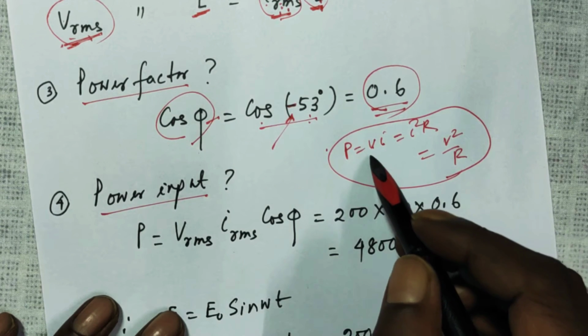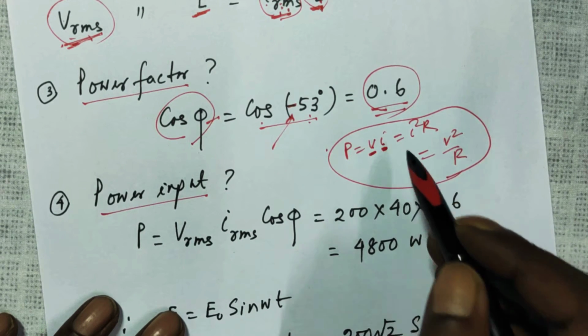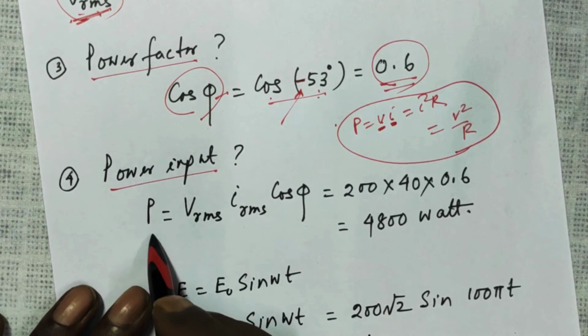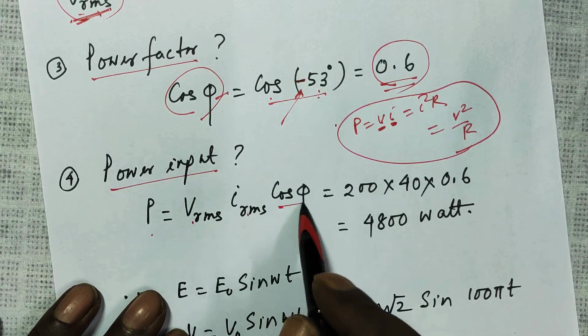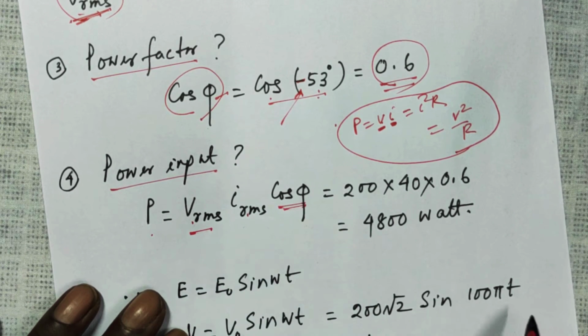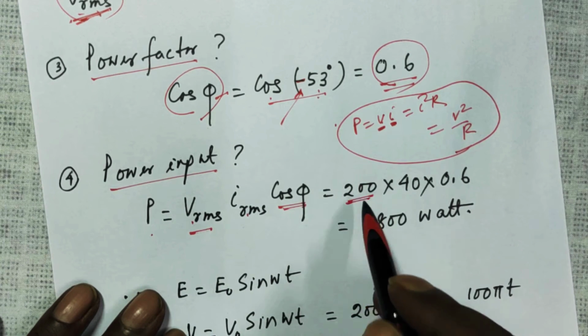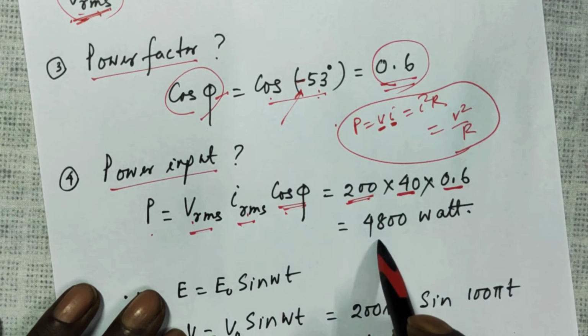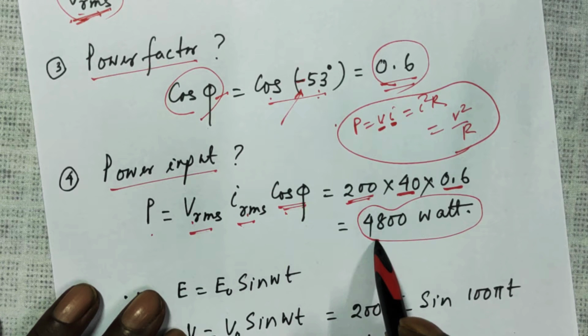In AC circuits, V changes with time, I changes with time. And power I had derived, P is equal to VRMS, IRMS into cos phi. VRMS is equal to 200, IRMS calculated, cos phi calculated, so this comes out to be 4800 watt.